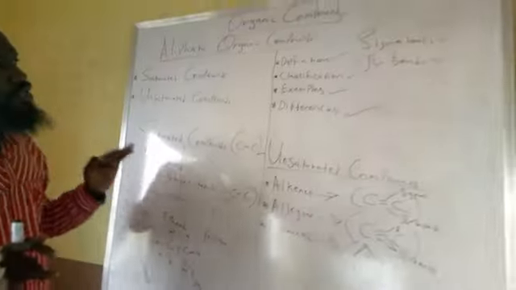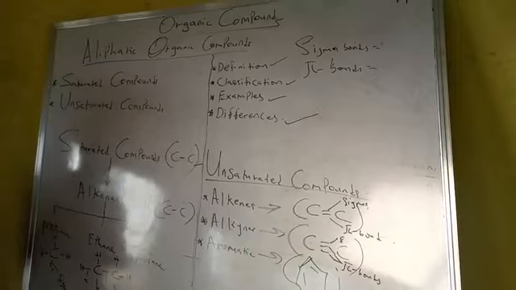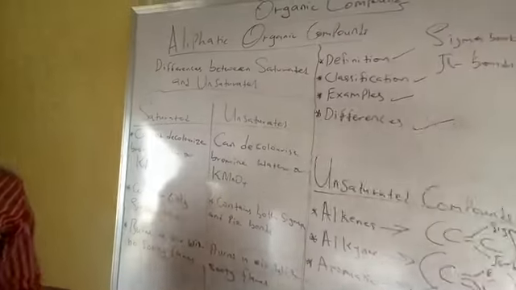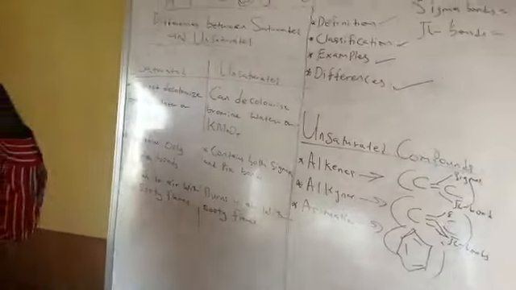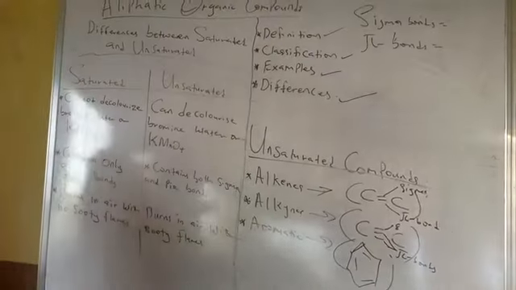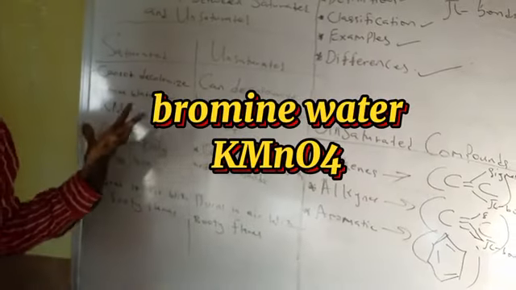Now this will take us to the differences between saturated and unsaturated compounds. One of the things that differentiates them is bromine water and potassium permanganate.